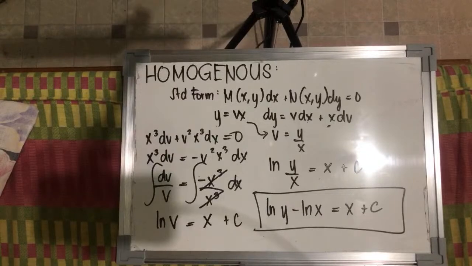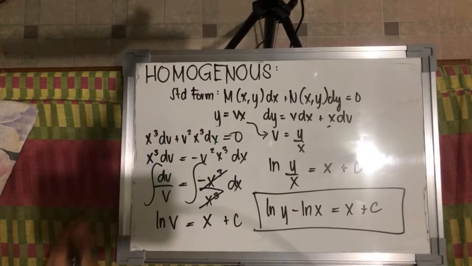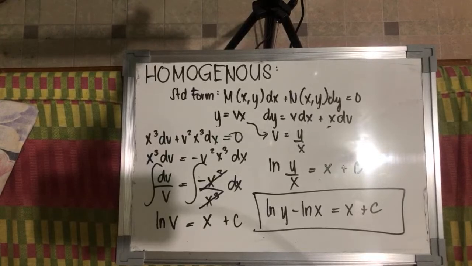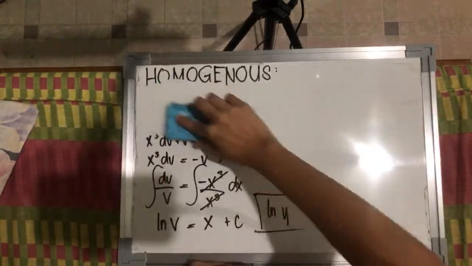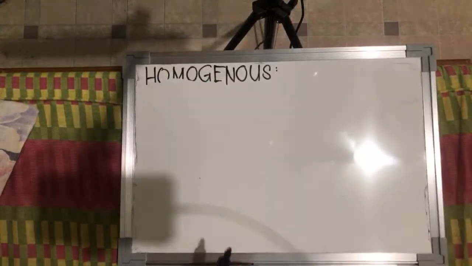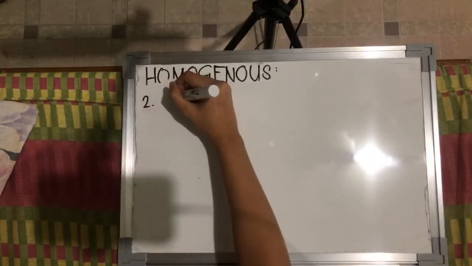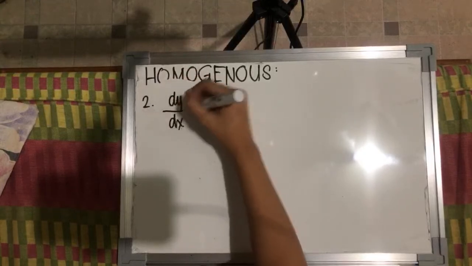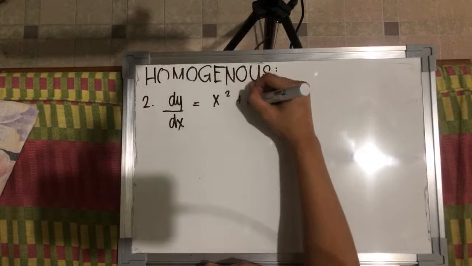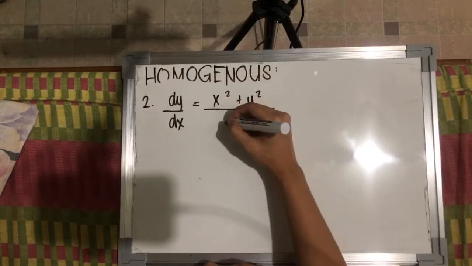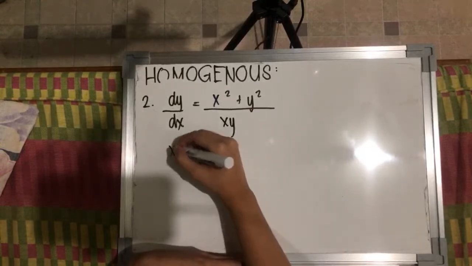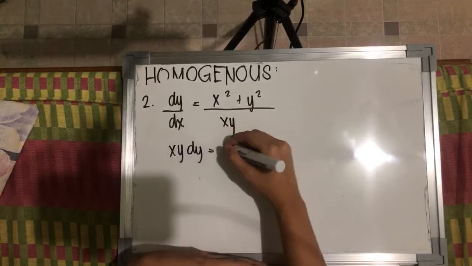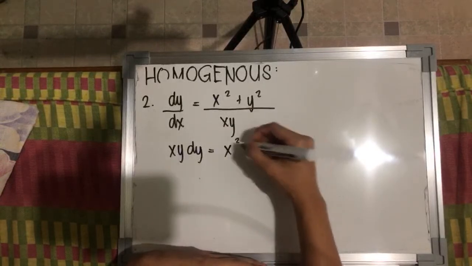So, proceed tayo sa next example ng homogeneous. So, number 2, dy over dx is equal to x squared plus y squared over xy. So, simplify ko lang ulit siya sa isang line. xy dy is equal to x squared plus y squared times dx.